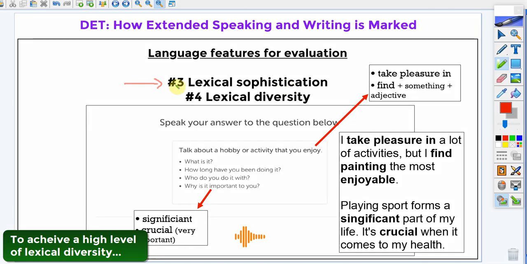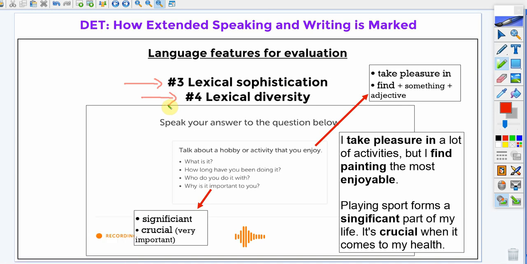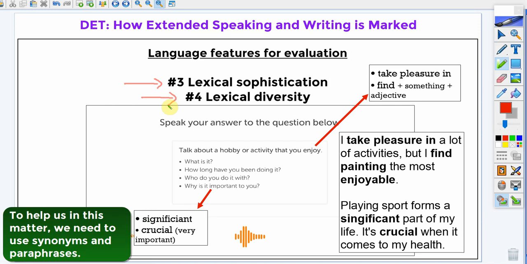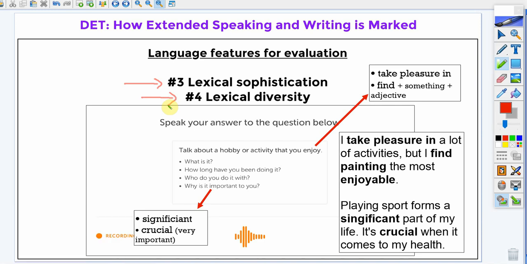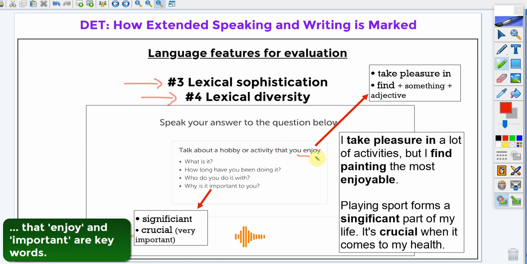To achieve a high level of lexical diversity, you should avoid repeating the same words and phrases again and again. To help us in this matter, we need to use synonyms and paraphrases. If you look at the prompt, you can see that enjoy and important are key words.